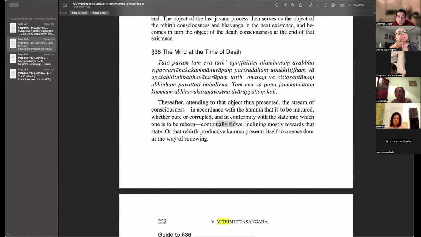Continually flows, inclining mostly toward that state, whether pure or corrupted, that rebirth productive karma, janaka karma, right?